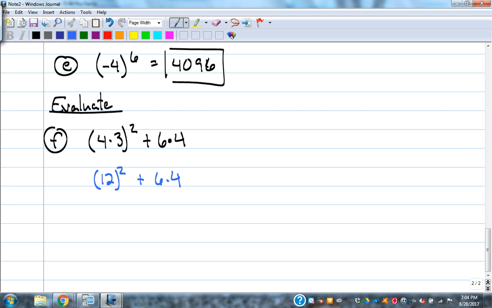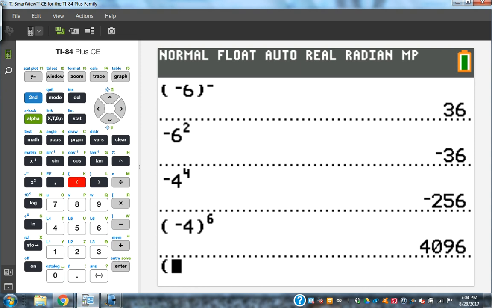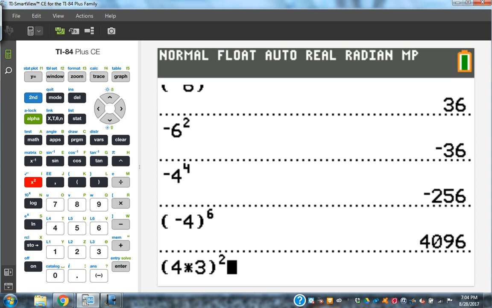As long as we add last, we should be okay here. That's 144 plus 24, which is 168. That's doing it all by hand without touching the calculator, and that's okay. That's wonderful. Understand that you can just do this: 4 times 3, close parentheses, squared, plus 6 times 4.